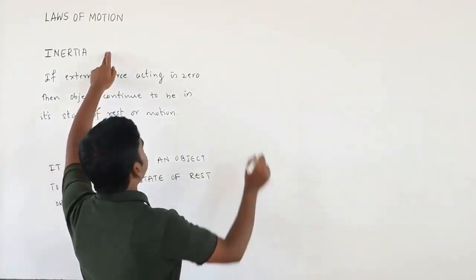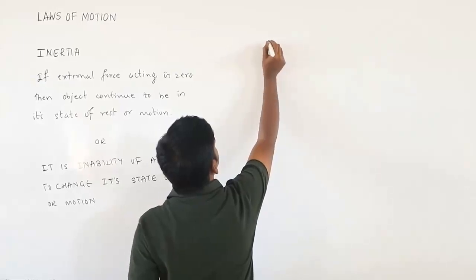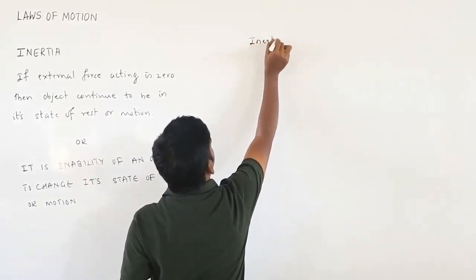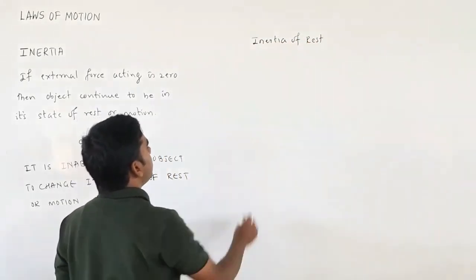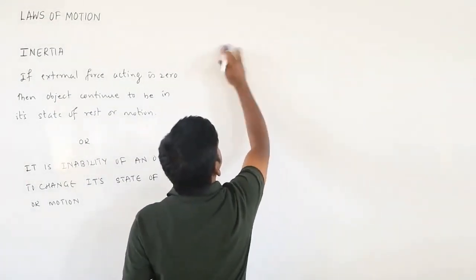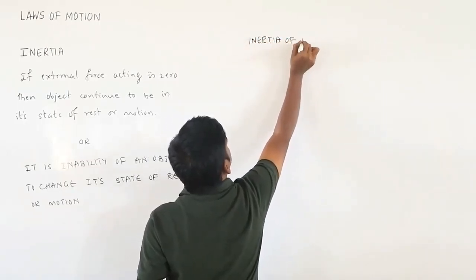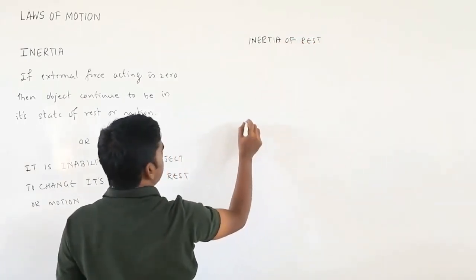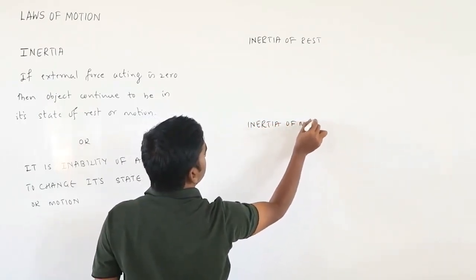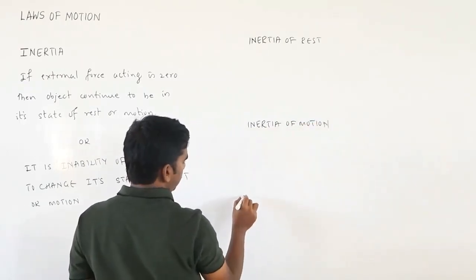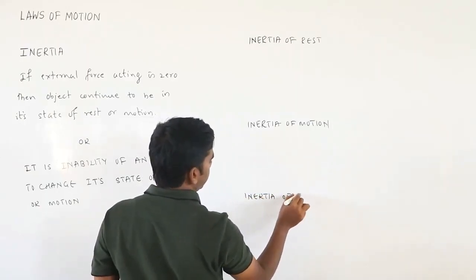So we can divide inertia into types. That is what we can call inertia of rest, inertia of motion, and inertia of direction.